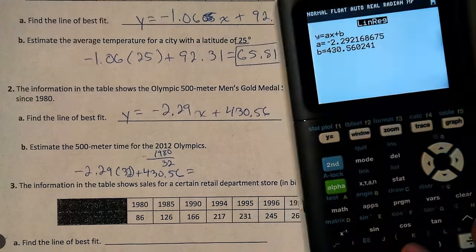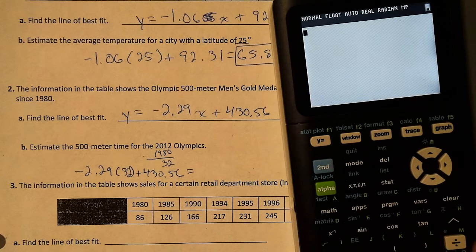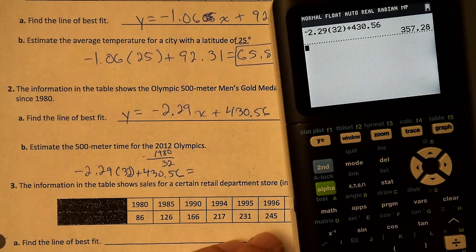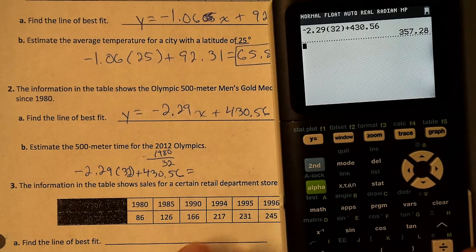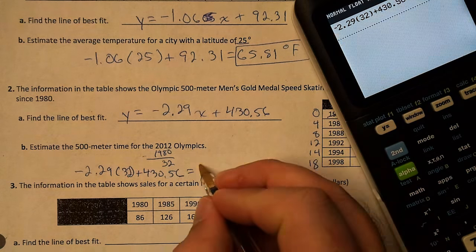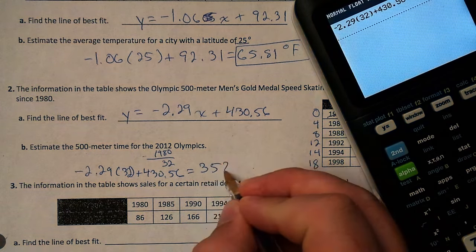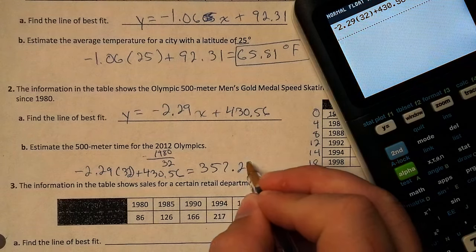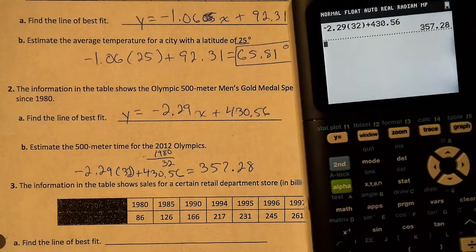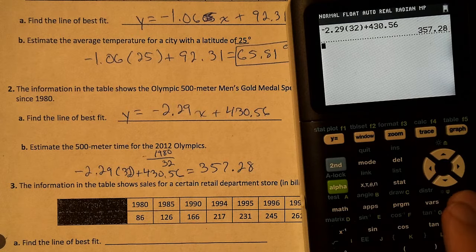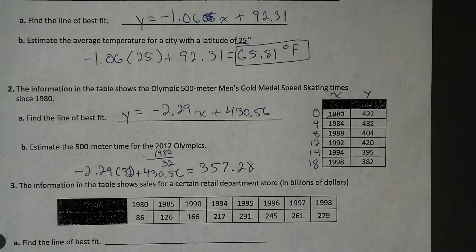And that should give us the estimated time for that year. So negative 2.29 parentheses 32 close parentheses plus 430.56. That'll give me 357.28. So we'd estimate that their times for that year should be going down. That was number 2.